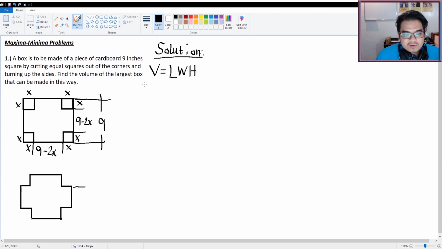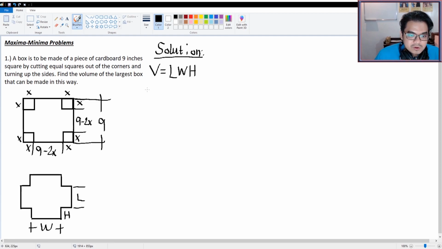But what are the length, width, and height? If this is the box, this is the length, and this will be your width. Now, what will be the height? Since you have to turn this side up, that will be your height.